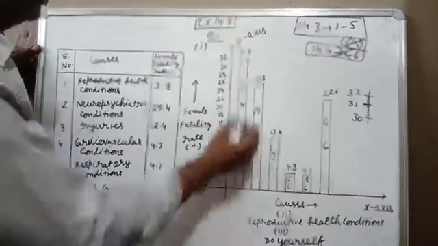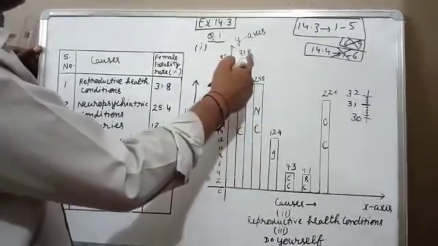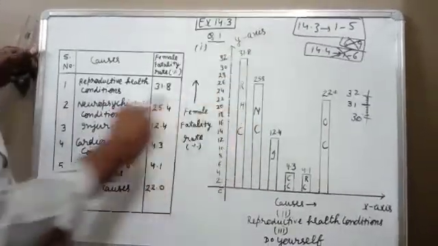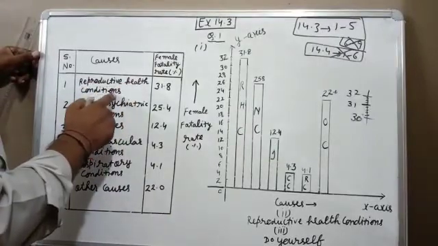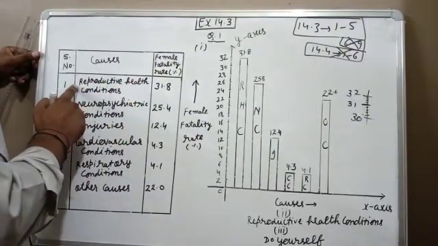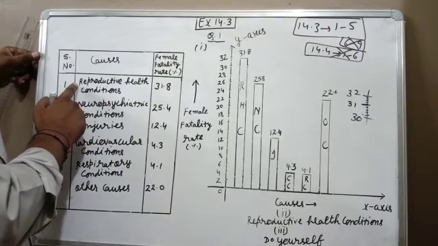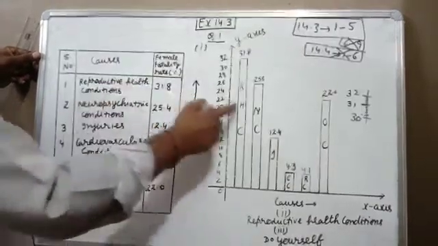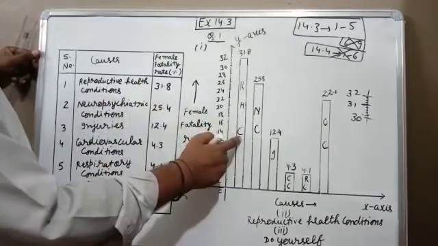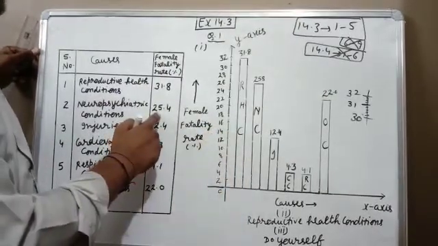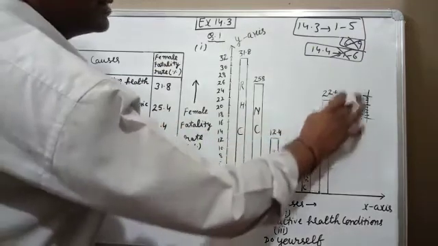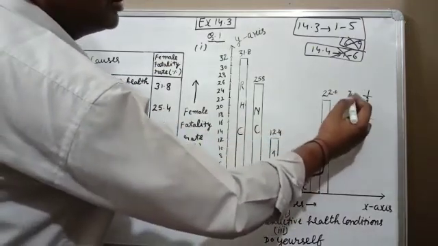So we will draw a rectangle. We will write 31.8 here, and inside this rectangle we will write reproductive health condition. You can write the complete sentence or only the first letters of these three words, R, H and C. This is also enough. Now we leave one more space. Now we want the value 25.4. Suppose this is 25 and this is 26.